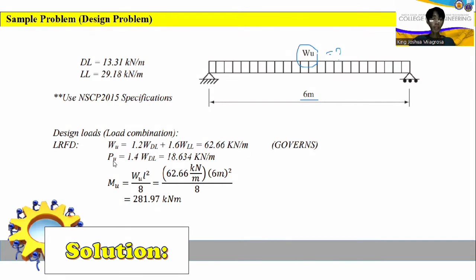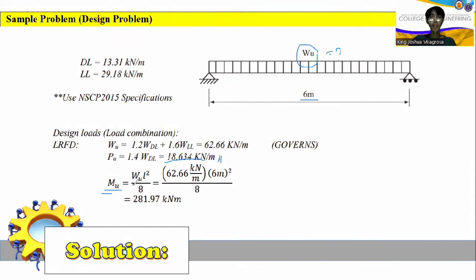Then kunin din natin yung PU natin or yung equivalent concentrated load natin, which is equal to 1.4 multiplied by the dead load. So equals yan sa 18.634 kilonewton. So since LRFD yung gamit natin, mag-govern tayo dito sa WU para makuha yung ultimate moment natin.